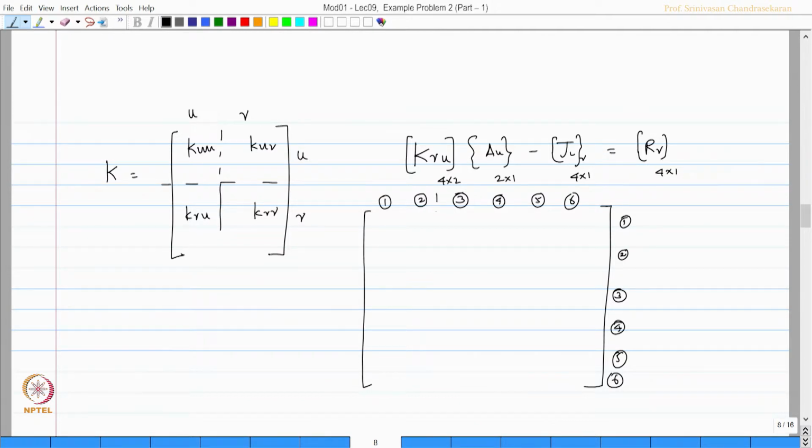So, I have a partition of 2 by 2 because that is my unrestrained degree of freedom. These values can be picked up from the respective K matrices KAB and KBC, and these can be filled up. So, I leave this exercise to you.